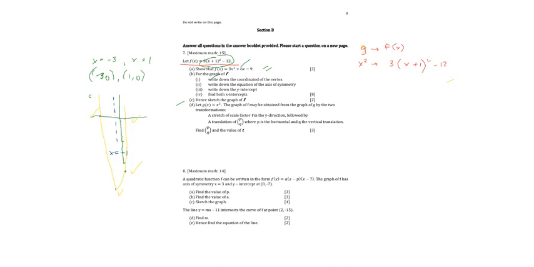So translation, and then we are asked to find the values of P. So for the horizontal translation, our P is -1, and our vertical translation is -12, and then our T, which is the scale factor of this, is 3.